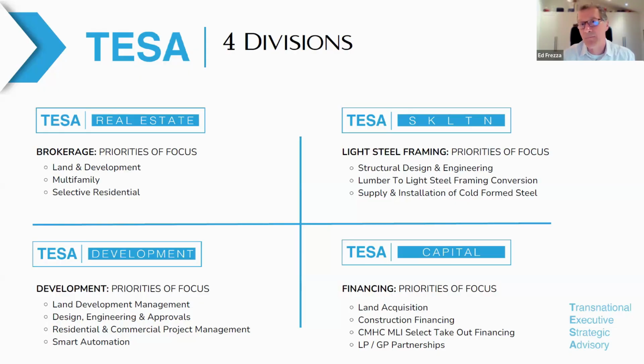What's unique about the missing middle is that you have something called the CMHC MLI Select. And that's really the grease that makes all this happen, because it facilitates missing middle development in that it gives you up to 95% loan to cost, up to 50 years amortization, and a below market interest rate currently at about 3.9%.